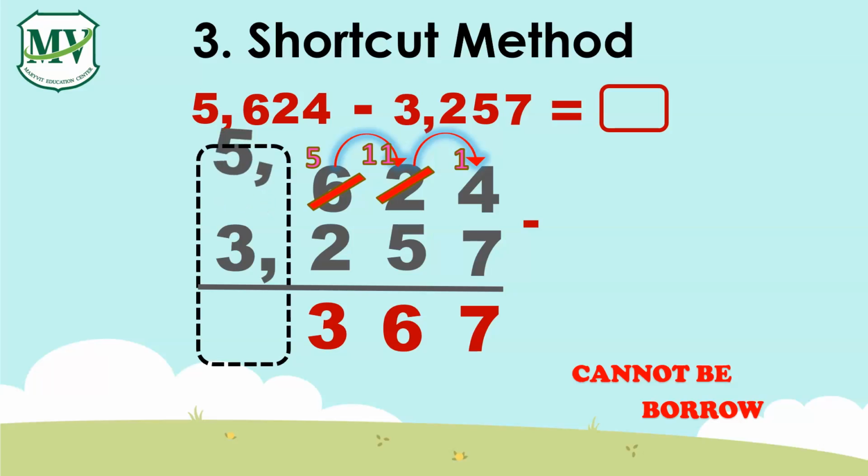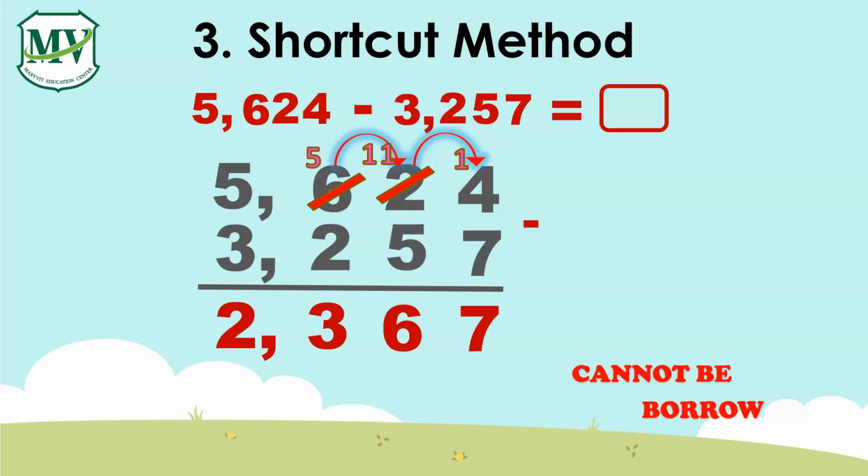Subtract the thousands. 5 minus 3 is 2. Therefore, 5,624 minus 3,257 is 2,367.